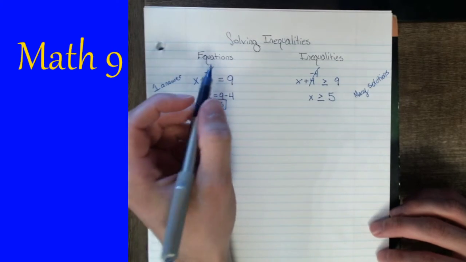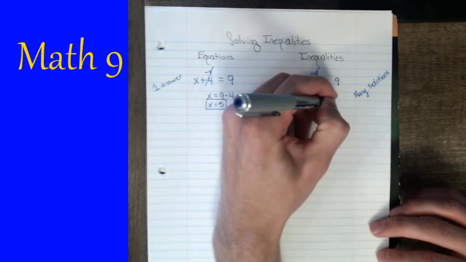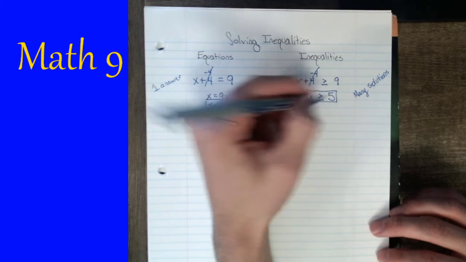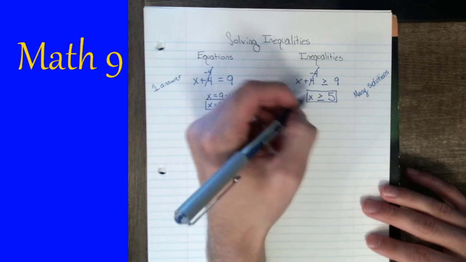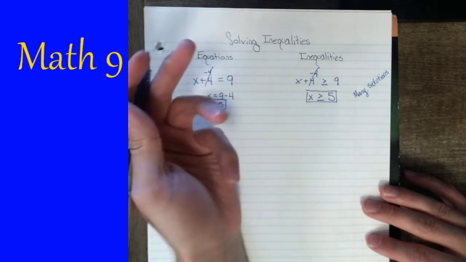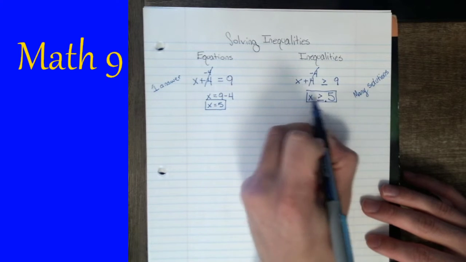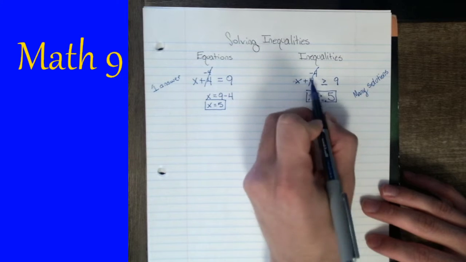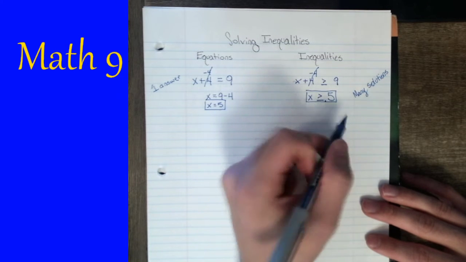It also makes a lot of sense to go back and check your inequalities. So you get x is greater than or equal to 5. What we want to do is compare that to the original and pick a value that would satisfy this and see how it plays out in the original. A value that is greater than or equal to 5 would be 10.